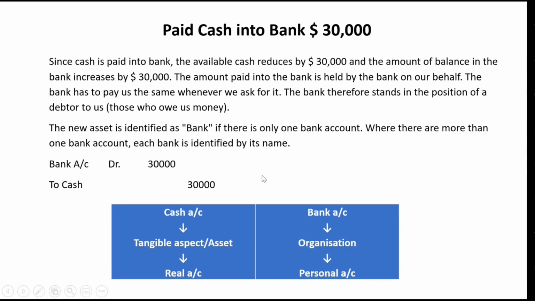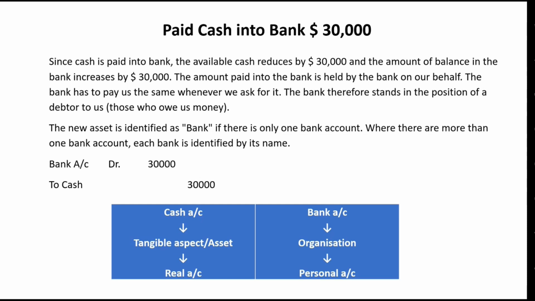Right. So next we can see paid cash into bank. It means the cash we have deposited in the bank. So already we have cash. So cash is real and the bank is a personal account, right? So when the cash is deposited in the bank, what will happen? Cash balance will go down and the bank balance will go up.